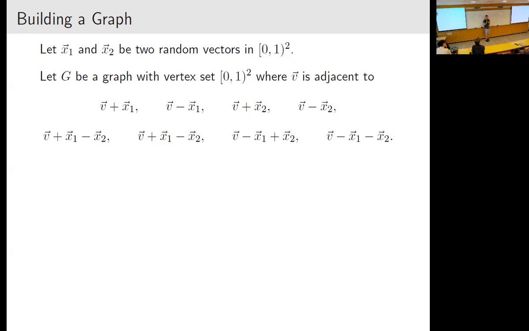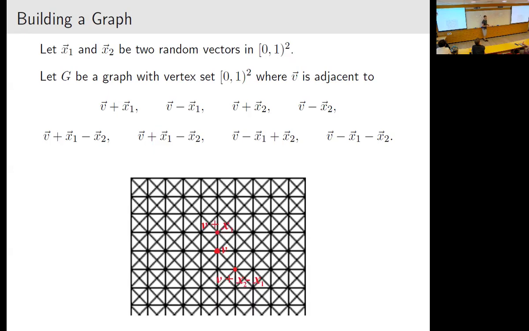But across the diagonal edges, I also want v to be adjacent to this and this. So it's like a grid, but with all of these cross edges.